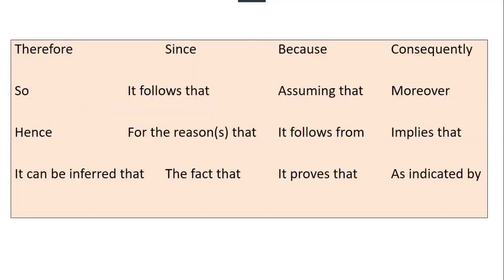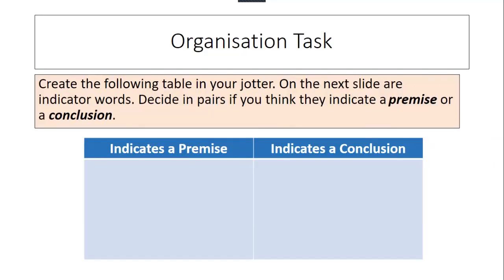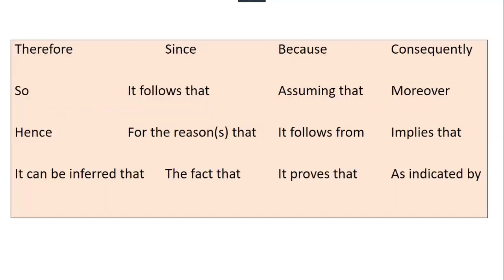Your words are here. What I want you to do is to pause the video and organize these under each of the following headings. The answers are on the next slide, so if you pause the video now, you can then continue.